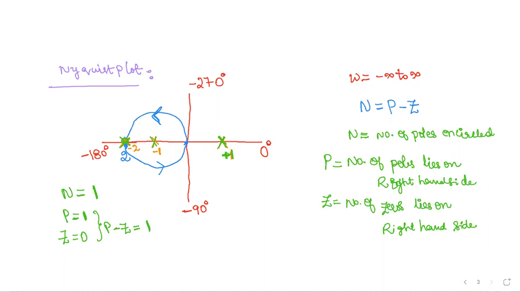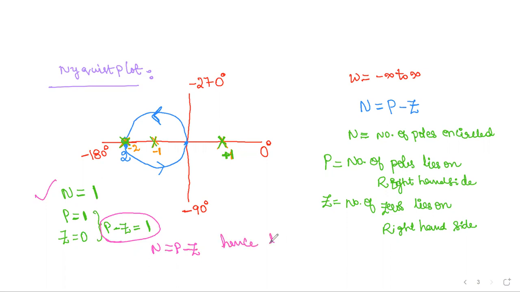So let us check whether N and P minus Z are both the same or not. N equal to 1 and P minus Z is also 1. So here N equal to P minus Z. So the given open loop transfer function satisfies this condition.